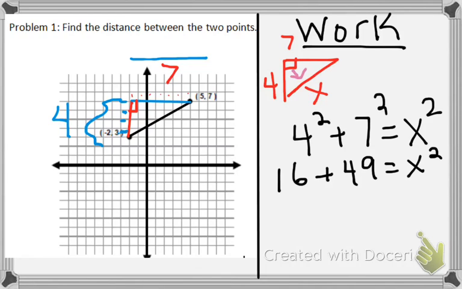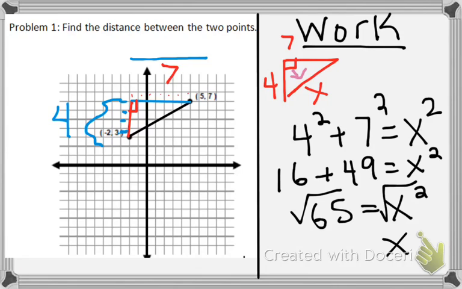That's right. It is 65. And then we're going to do the square root of that value. x is approximately, let's say it's in between 8 and 9. Use your calculator and figure out that value. And this is about 8.06. And you're done.